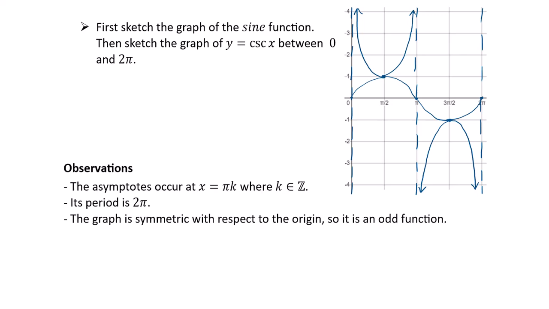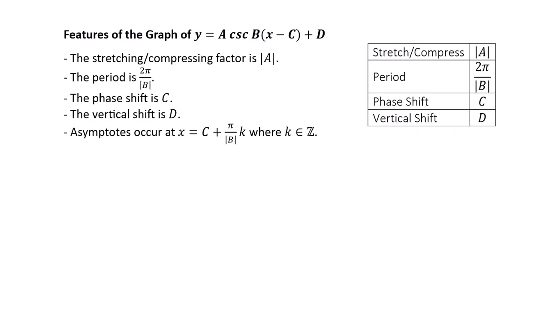So observations here is that the asymptotes are going to occur at x equals pi k, where k is an element of the integers. The period is 2 pi, just the same as the period for the sine function. And the graph is symmetric with respect to the origin, so it is an odd function.